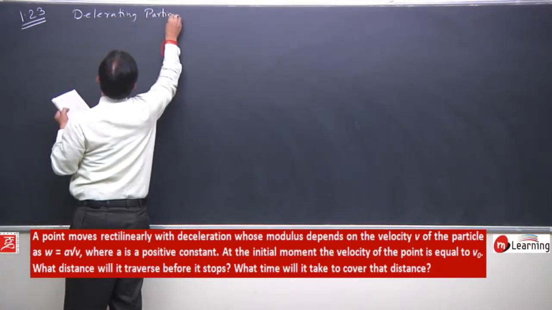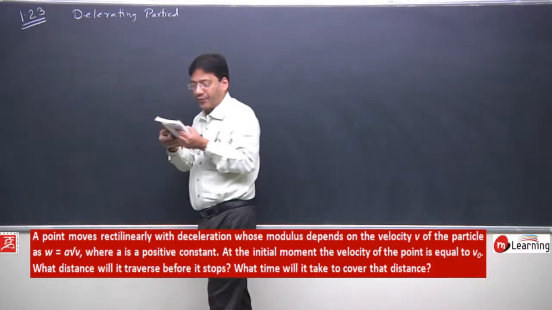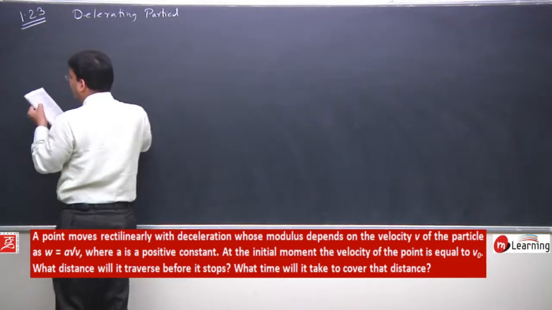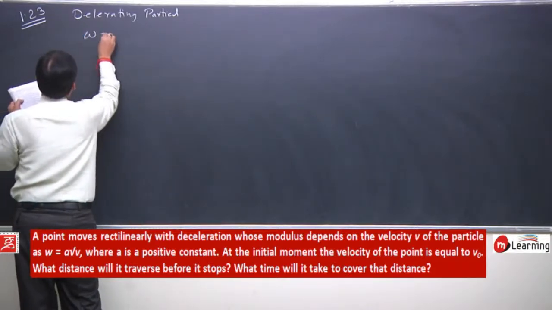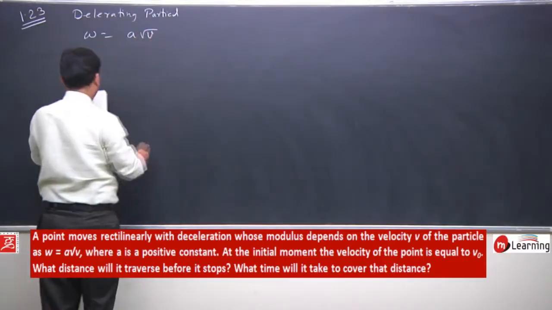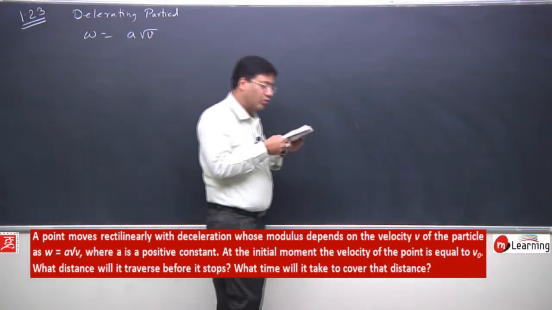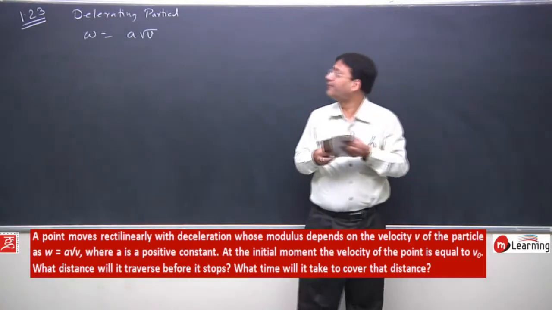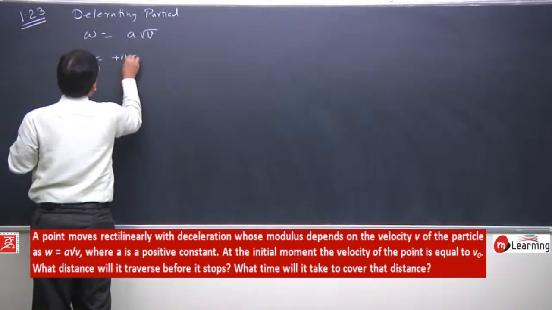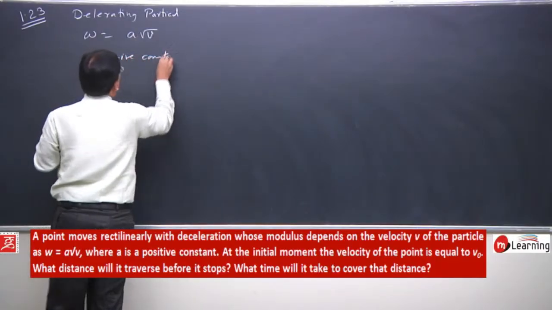A point moves rectilinearly with deceleration whose modulus depends on velocity like this: a root v, where a is a positive constant.